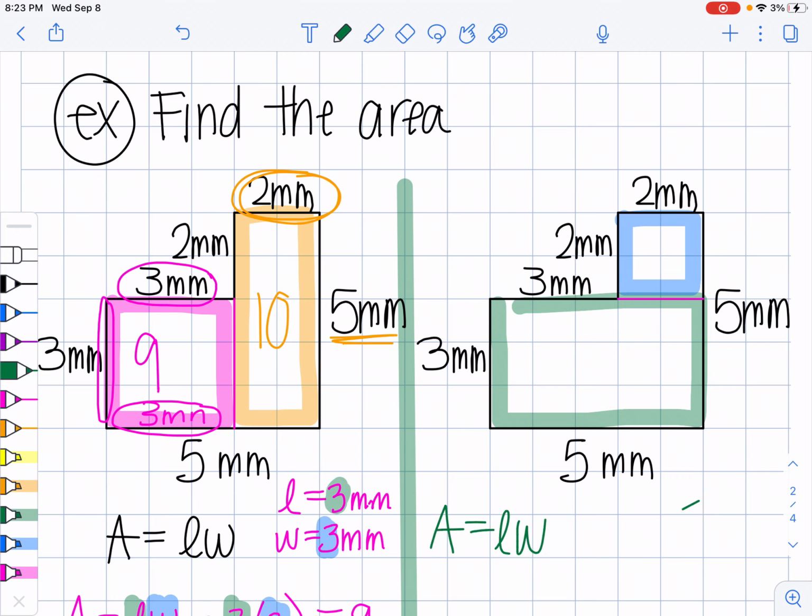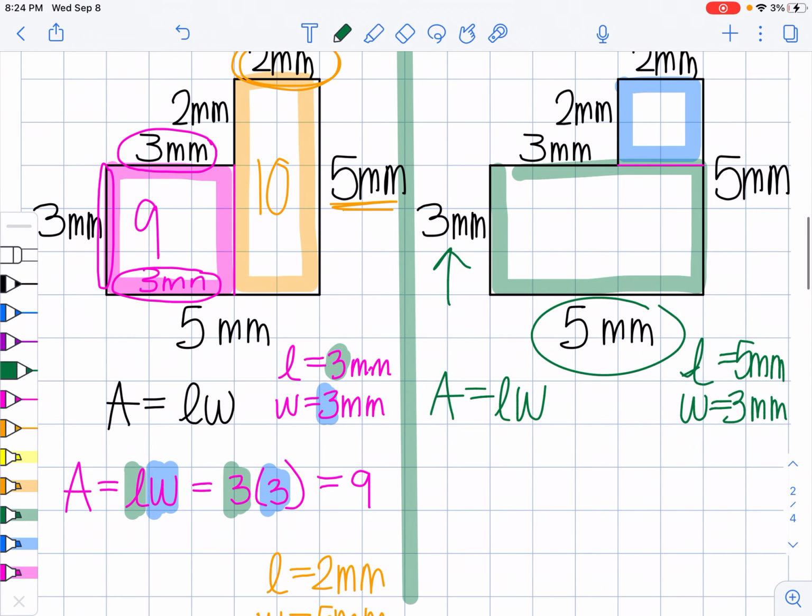My length is equal to 5, and my width is equal to, right here, 3. So plug them in. Length times width. My length is 5, my width is 3. This gives me 15. And like we just learned, the area is millimeters squared, so I'm going to write this in here, 15 millimeters squared.